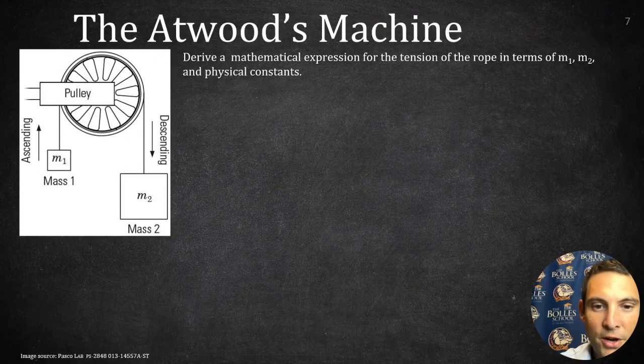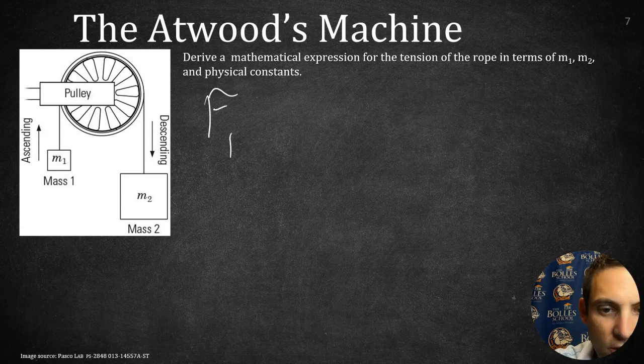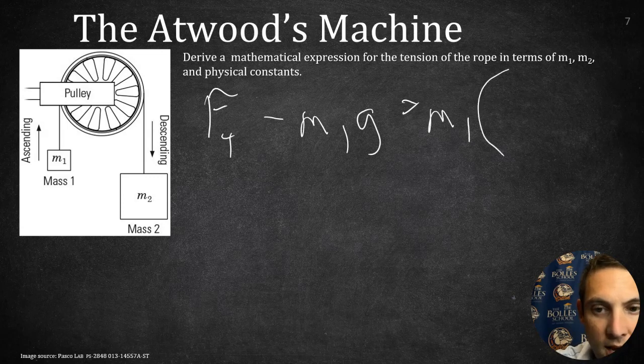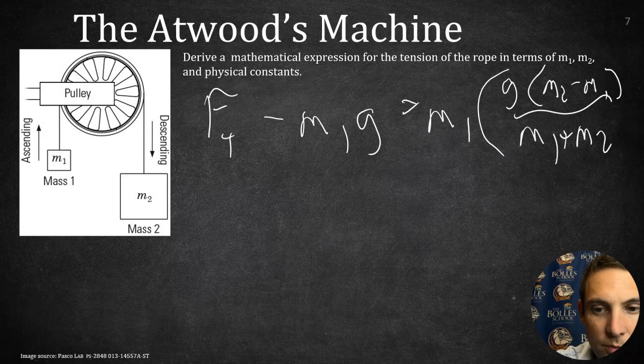What do you know? Derive a mathematical expression for the tension in the rope in terms of m1, m2. I'm not going to go through the entire process, but we started with Ft minus m1g equals m1 times all of that junk that my a was, g times m2 minus m1 divided by m1 plus m2.